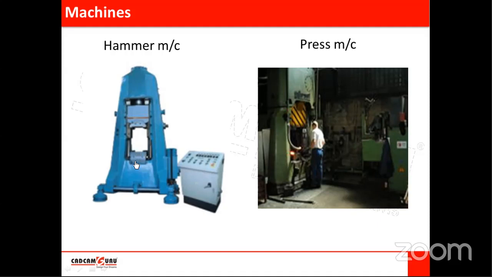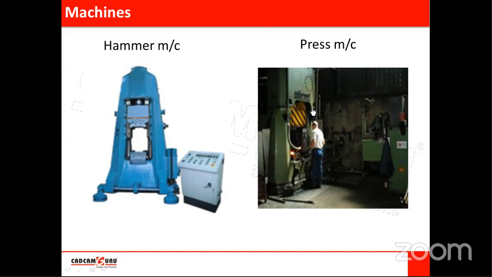Here you cannot see it properly, but there is an anvil on which this lower die is kept, and this process will apply some impact or load or pressure. Then the workpiece kept here on the lower die will get its shape as per the die.